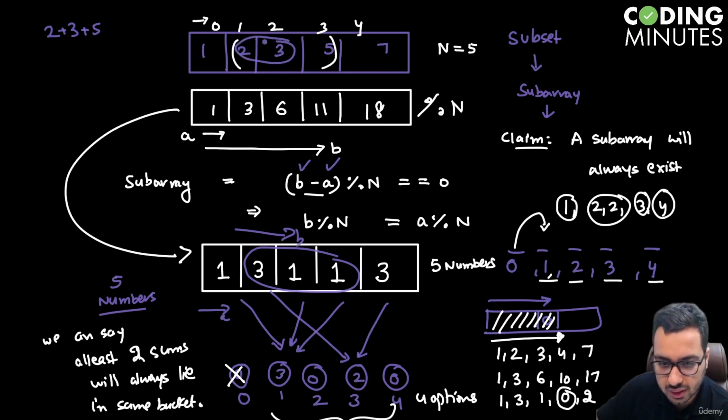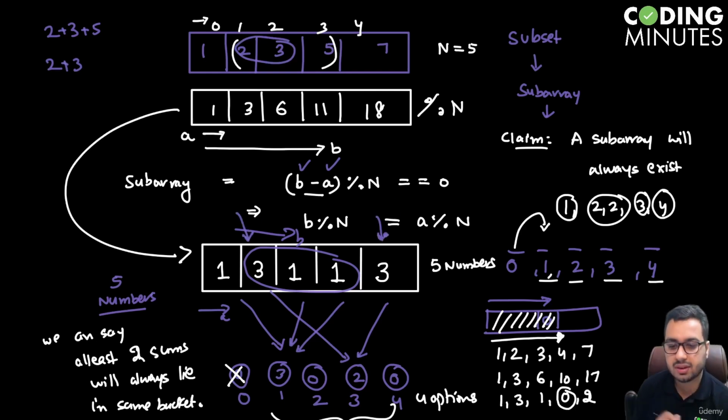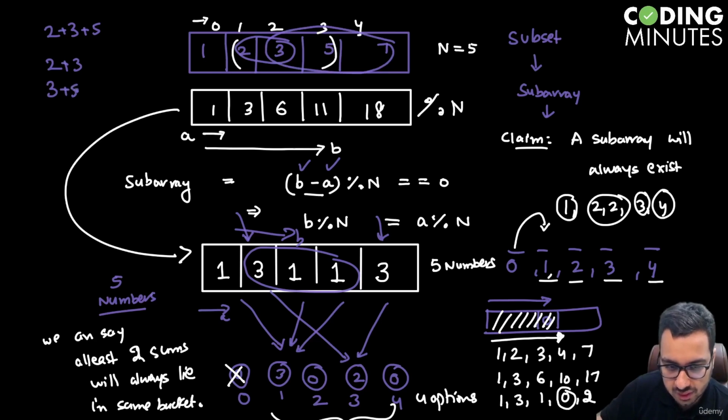So you can get 2, 3. So 2 plus 3 is also a subarray that satisfies the given property. Here the sum till this particular point is 3, and the sum till this particular point is 3. So if you subtract 3 minus 3, it is also 0. That means these three elements, 3 plus 5 plus 7, will also satisfy the property.